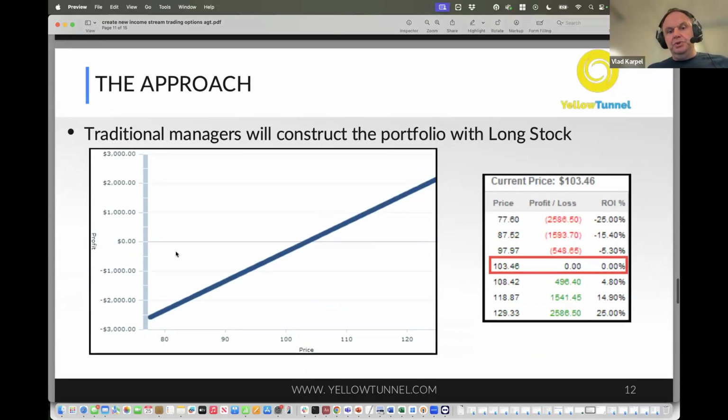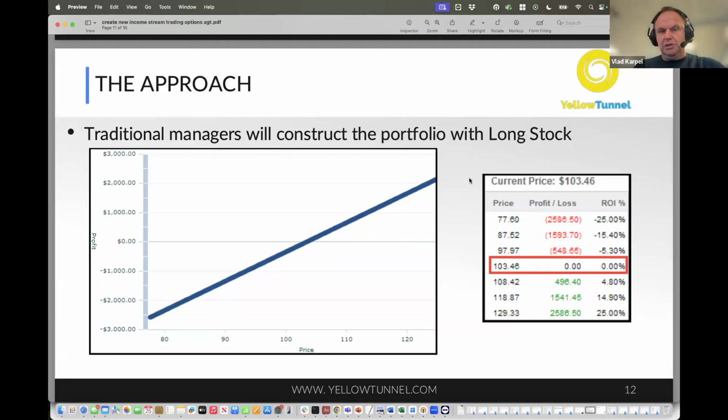So the approach is usually, when you trade stocks, profit and loss is just a linear relationship, right? You buy a stock at, say, $103.46, and you think it's going to keep going higher. You buy Nvidia because of the AI, or you buy Microsoft because of the AI, or buy Bitcoin because it's the future, digital currency, because you think this asset class will continue to appreciate.